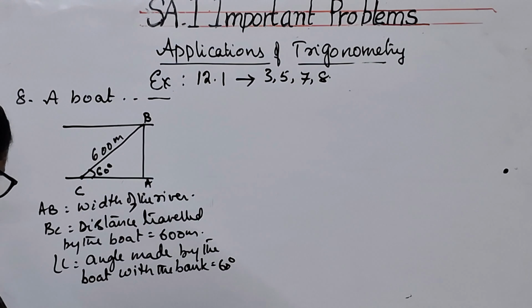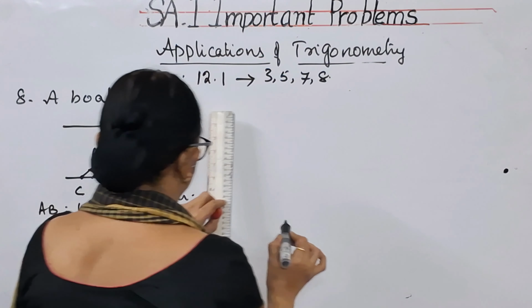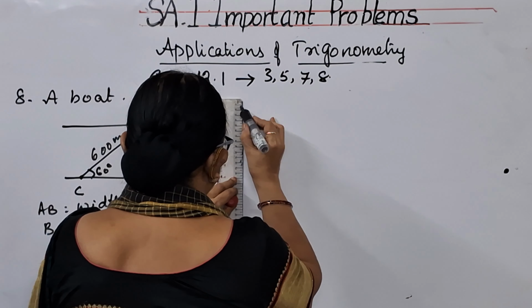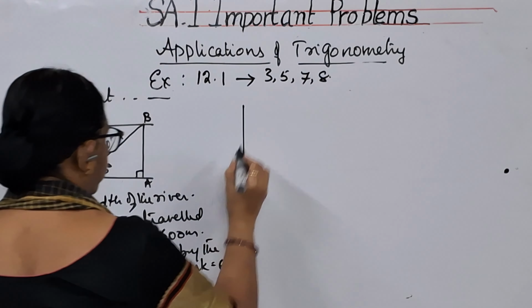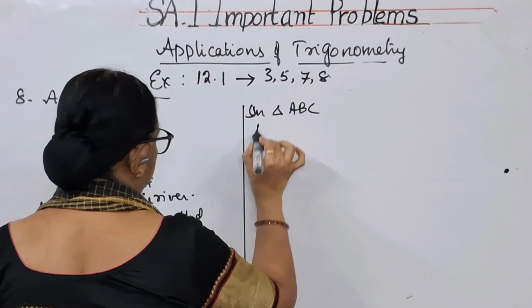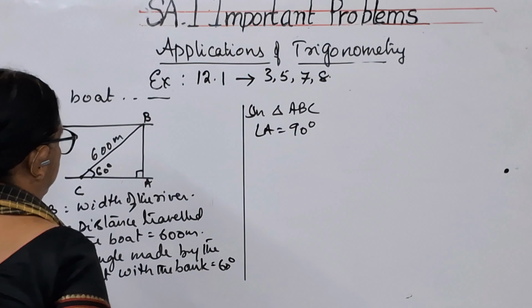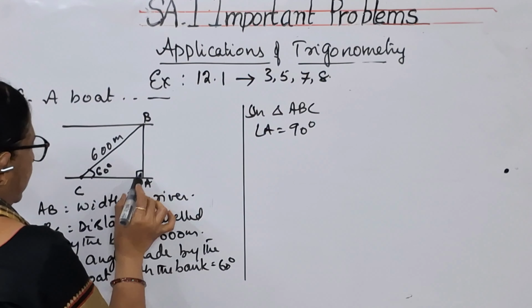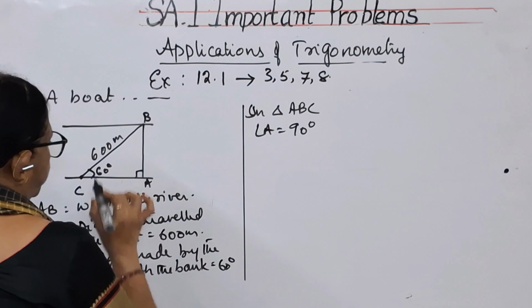Now, how will you solve this? Now you have got here 90 degrees. So you take triangle ABC. In triangle ABC, angle A is equal to 90 degrees. So you want AB. So this is the opposite side.